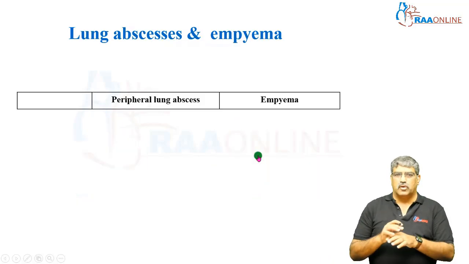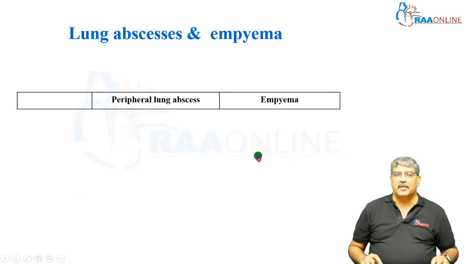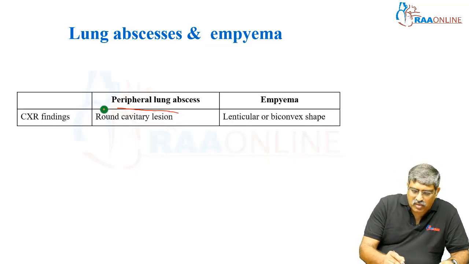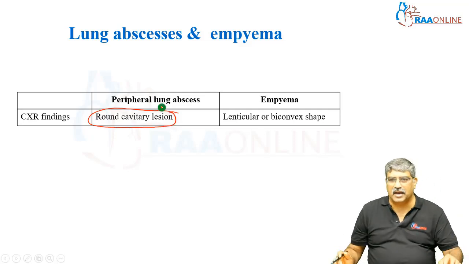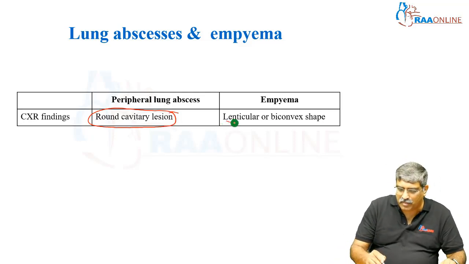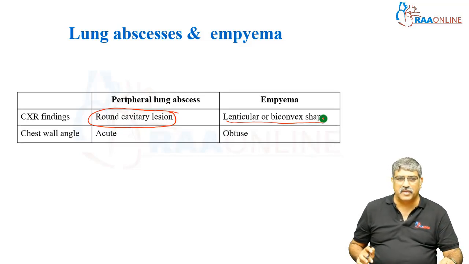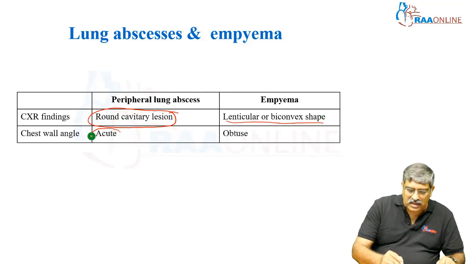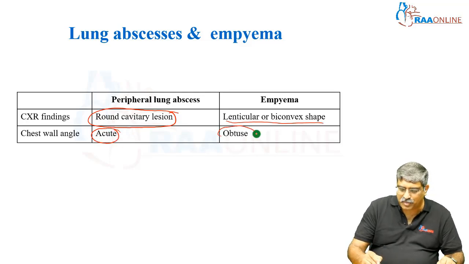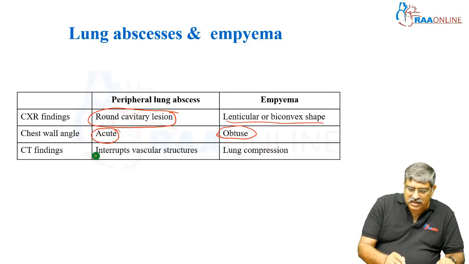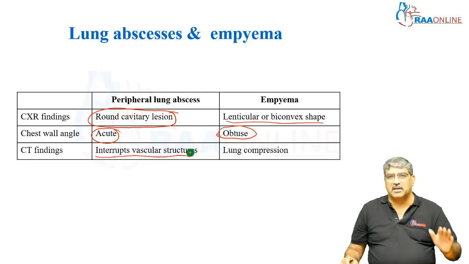So, to compare lung abscess and empyema, it is a rounded cavitary lesion in lung abscess, but in empyema it is lenticular or biconvex in shape. The chest wall angle is acute in abscess but obtuse in empyema. On CT, it interrupts the vascular structure in lung abscess.